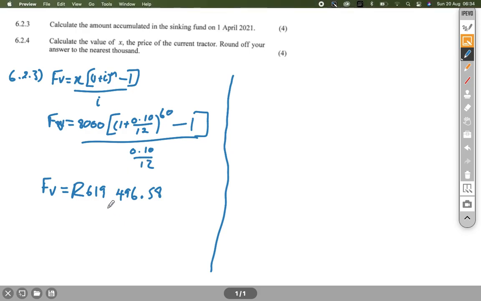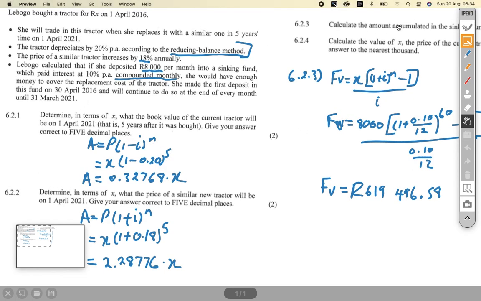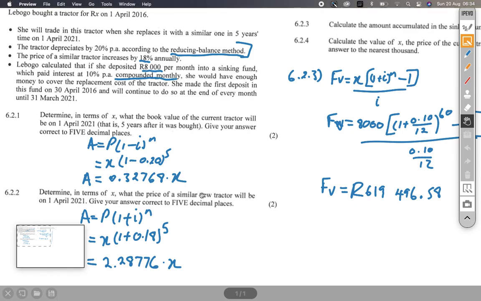Okay, so remember that the value of the current tractor depreciated while the similar new tractor appreciated.